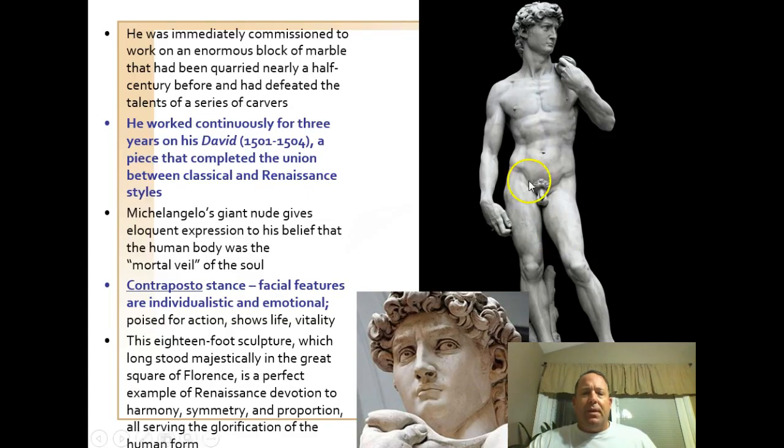But then also David's hands. David's hands are very large, much larger than they are supposed to be. And the reason they say that is because this is speaking to what the genius of man is capable of. Man's genius is capable of creating anything. And the greatest tools that a person possesses are their own two hands, because out of that we can create some of the world's greatest inventions.